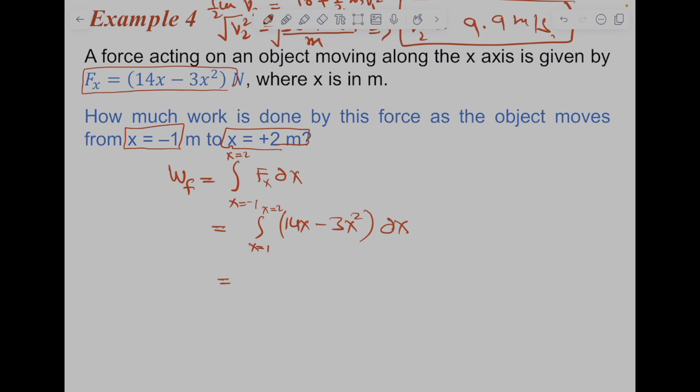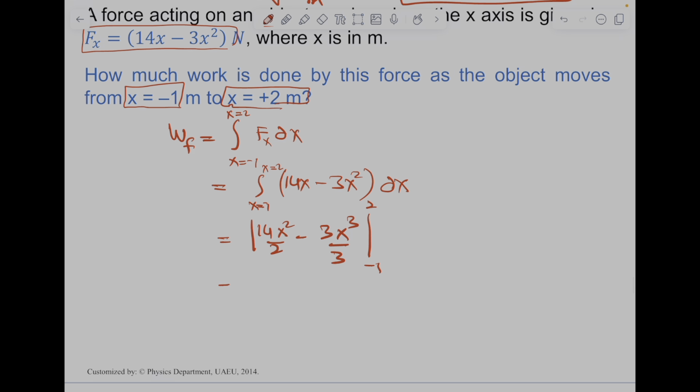So we will calculate this integral. This is the integral, which is 14x squared divided by 2 minus 3x cubed divided by 3, and your limits are from -1 to 2.